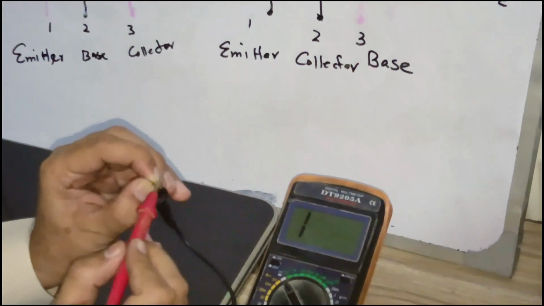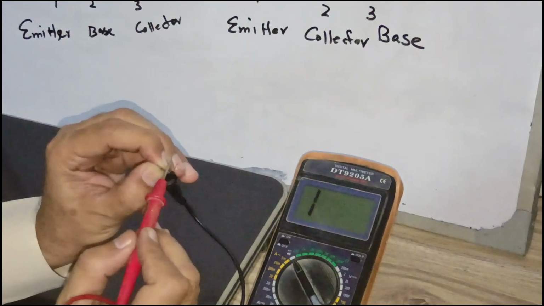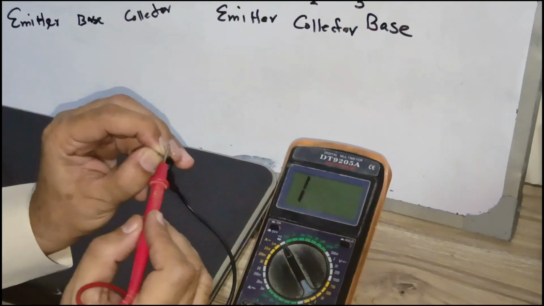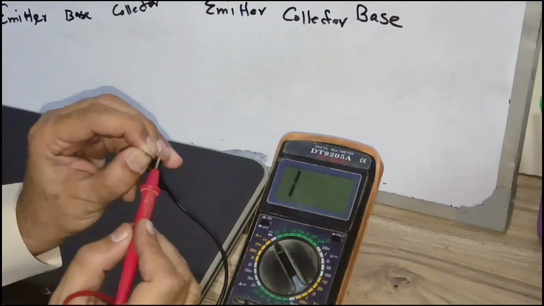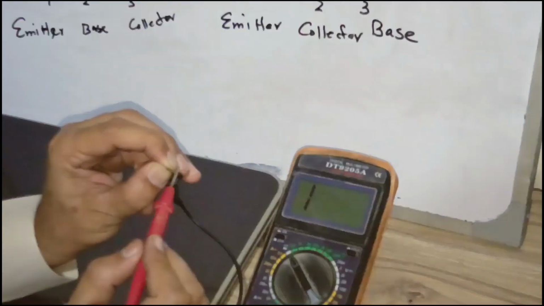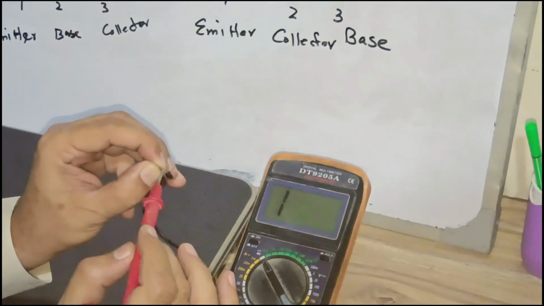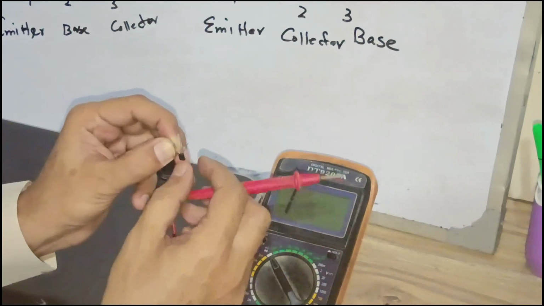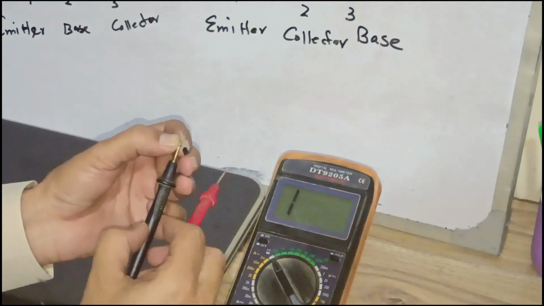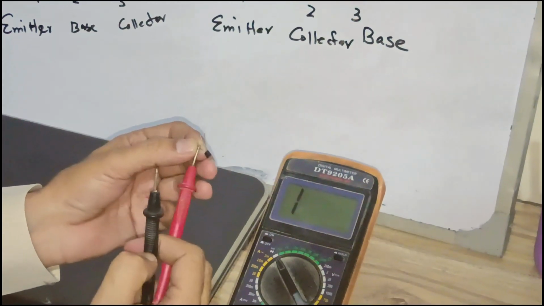In this condition, it will not show any resistance. You can see it shows infinity resistance on the digital multimeter. It means that this transistor is okay and it is not a faulty transistor.